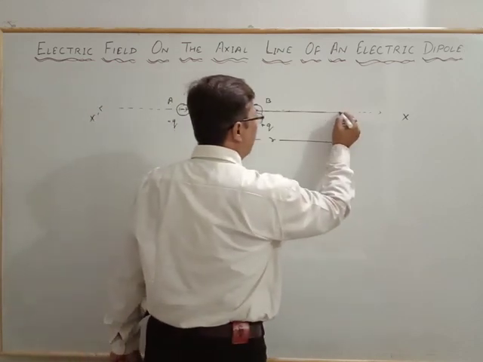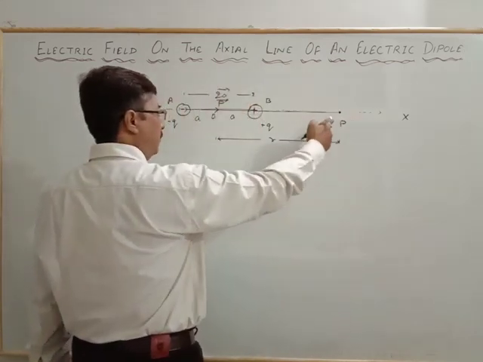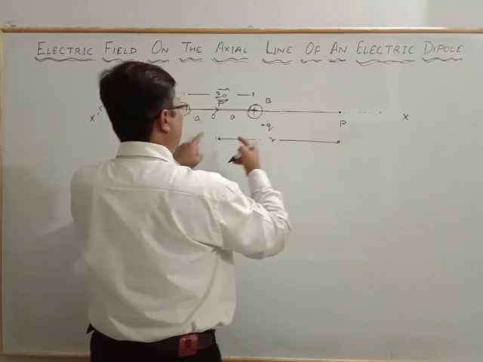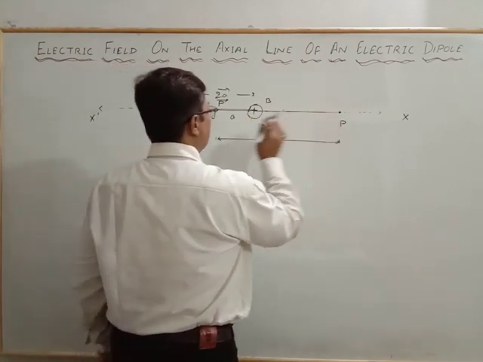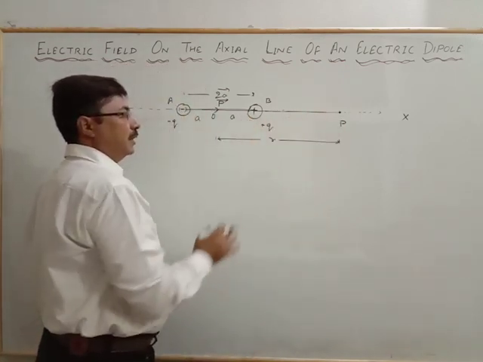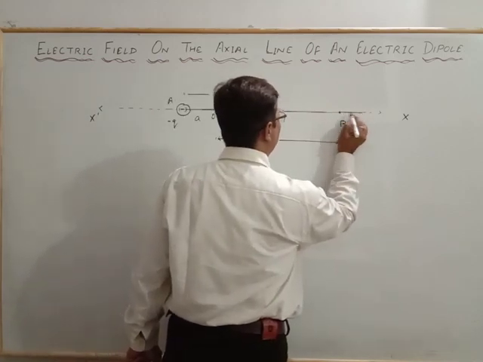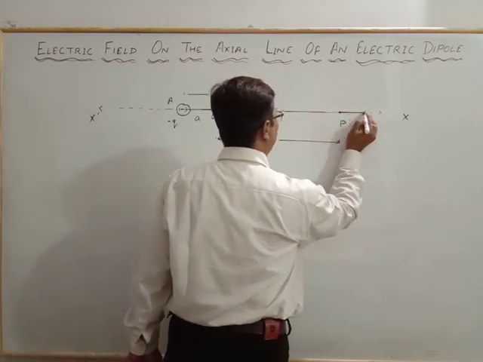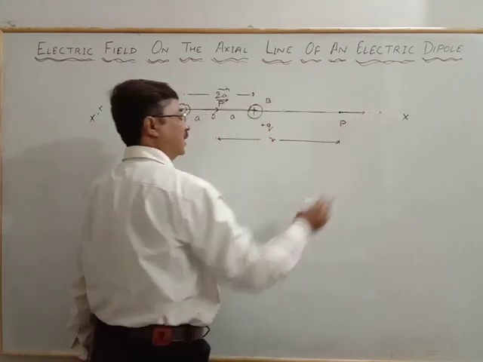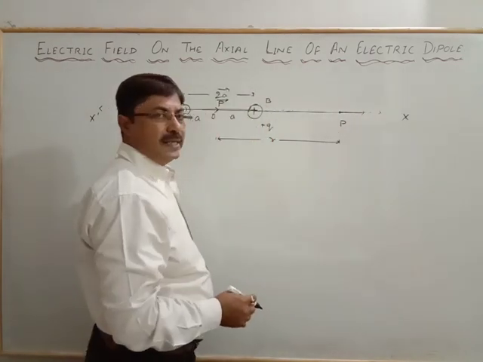So here we calculate the electric field at the point P. Suppose it is the positive charge, and the direction of the electric field is always from positive to negative, so it is outward. How do we understand?